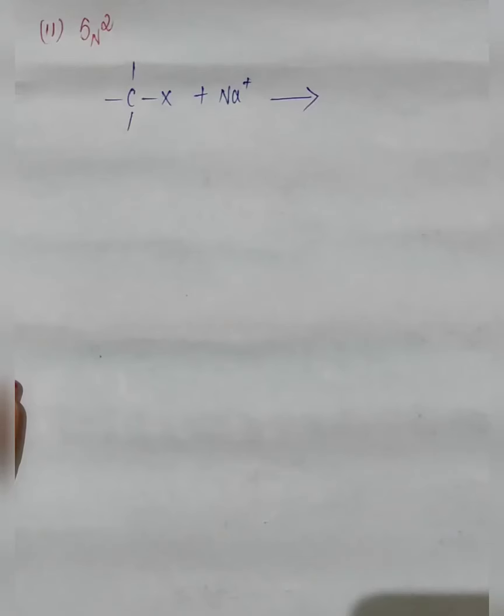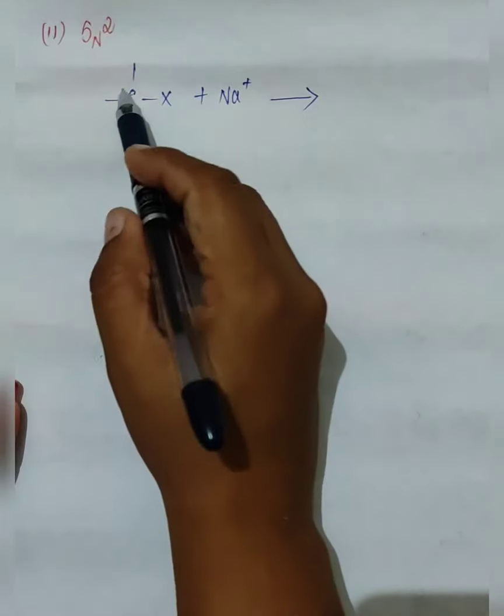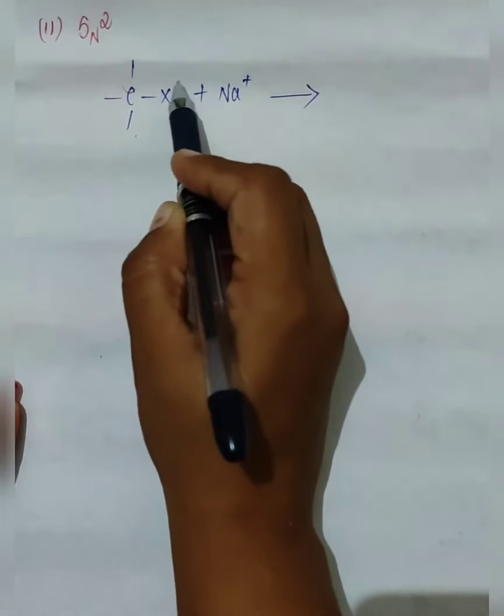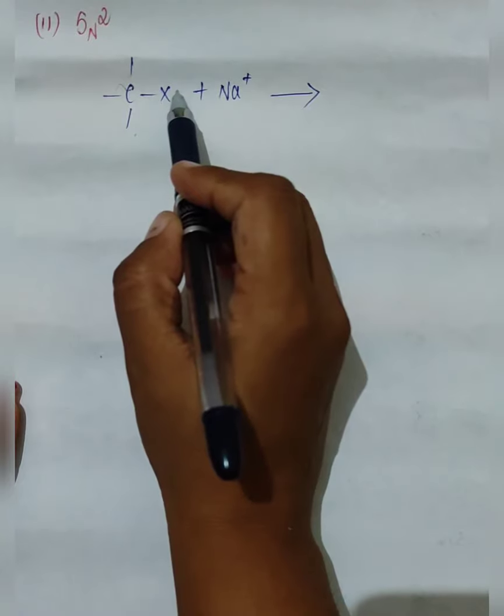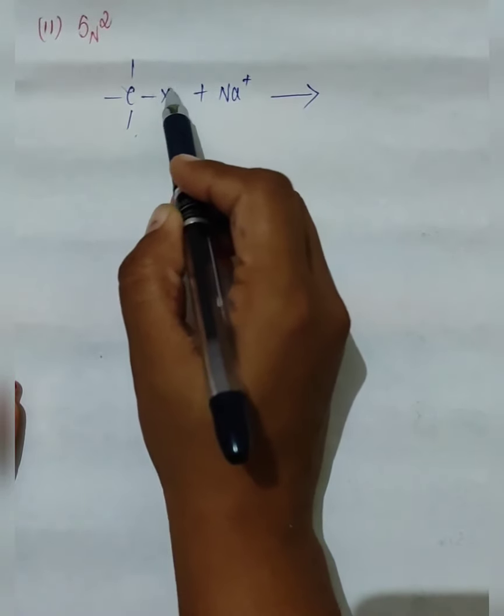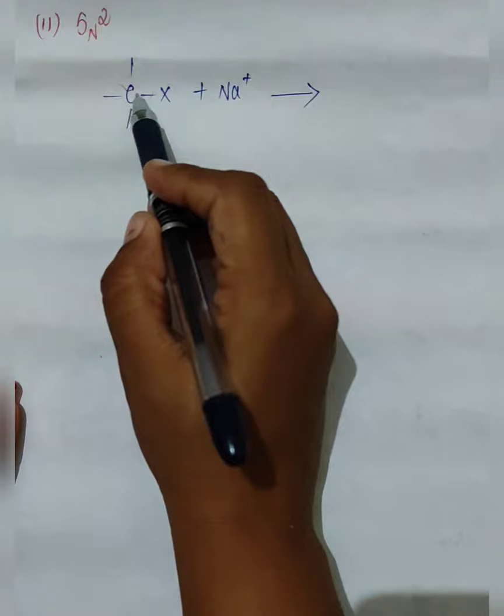Now let us see what this SN2 mechanism is. In this SN2, the nucleophile will attack the carbon carrying the halogen before the halogen has left the carbon.